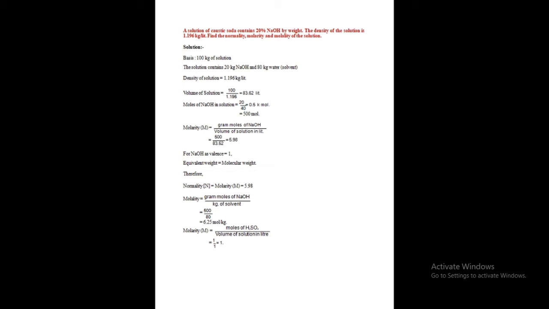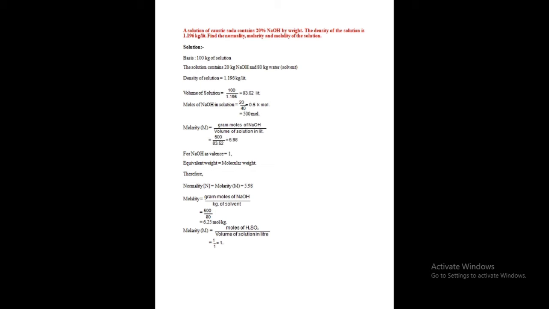Normality and molarity. What is the normality formula? Normality is equal to gram equivalent of the solute divided by volume of solution in liter. How will you calculate the gram equivalent? Gram equivalent of solute is equal to weight divided by equivalent weight. The weight of sodium hydroxide is 20, equivalent weight is 40.